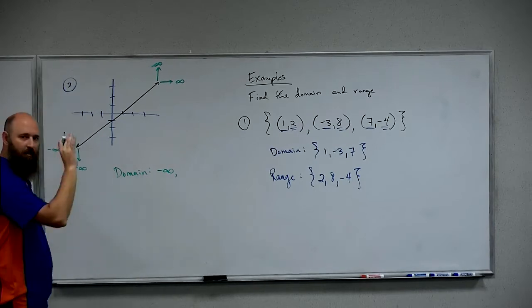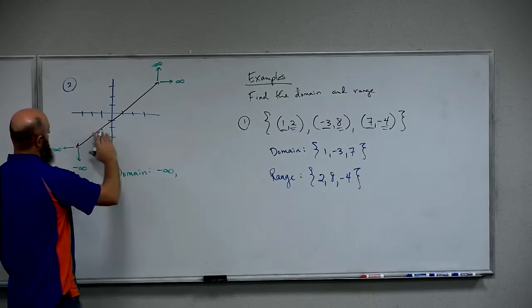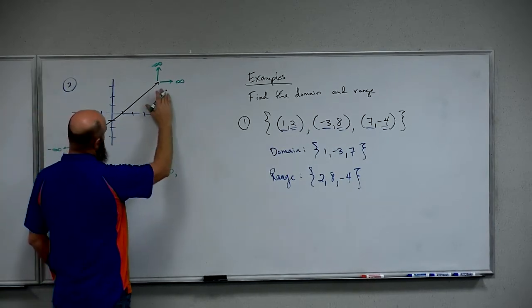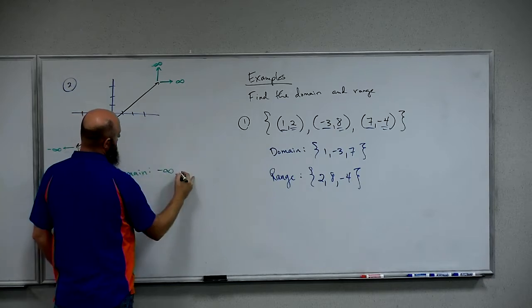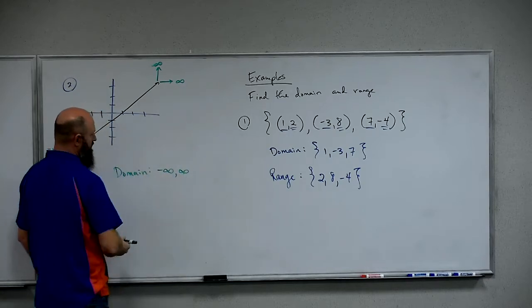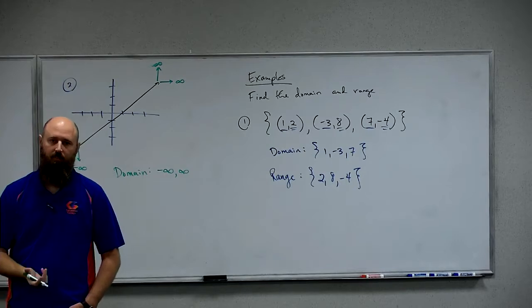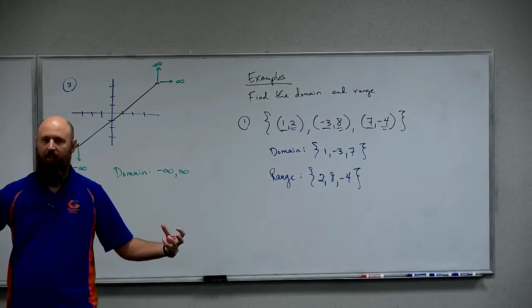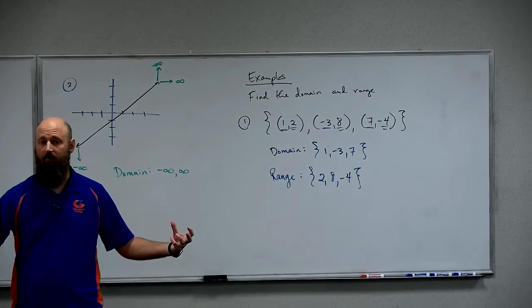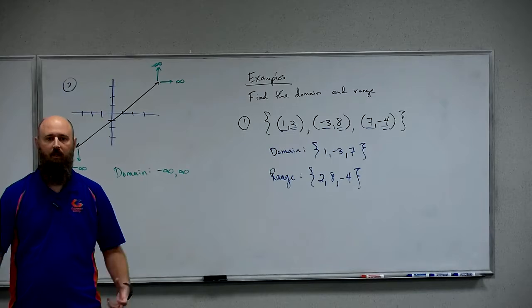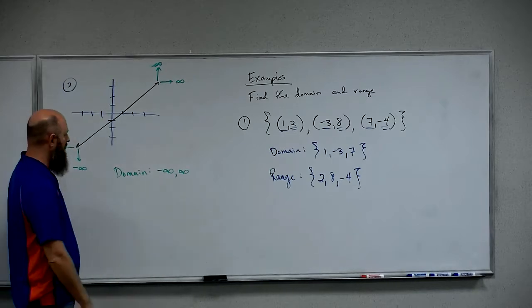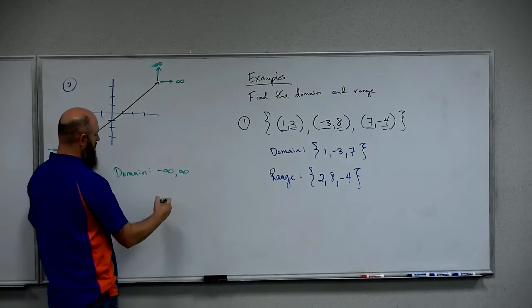Then we ask ourselves, how far right does it go? Well, it keeps going right, and it goes right to positive infinity. Okay, so we go from negative infinity to positive infinity for that domain. Every x value is being used at some point, even if we can't see it, it is being used. Now we do have to notate this correctly.